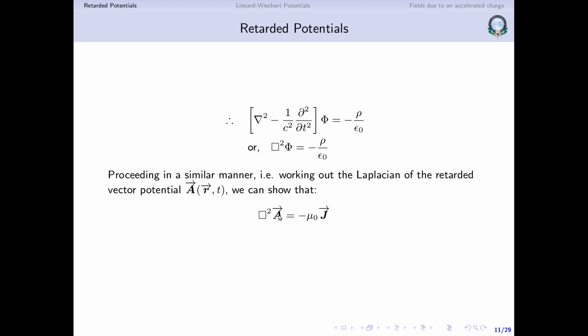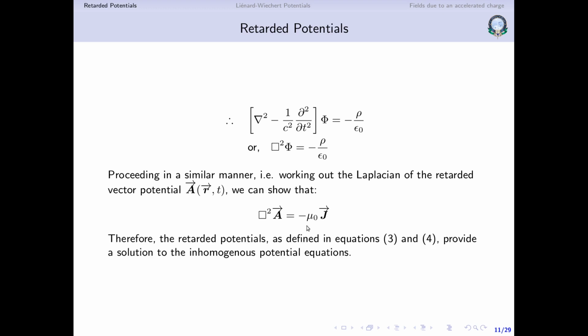That will give us box square A is equal to minus mu naught J. So this shows that our definition of the retarded potentials leads us to the inhomogeneous potential equations. So we can say that the retarded potentials represent solutions for the non-static scenario. This is basically the idea of retarded potentials.